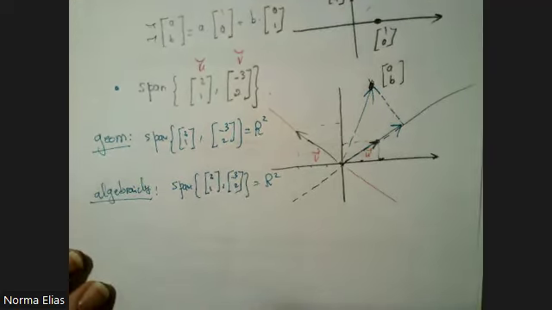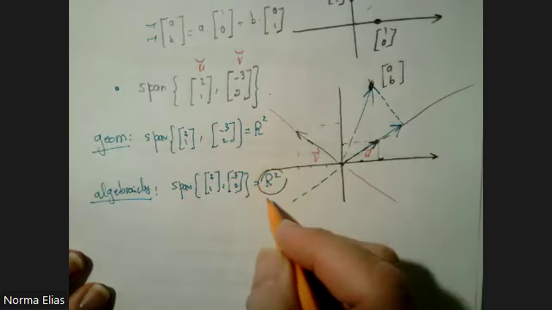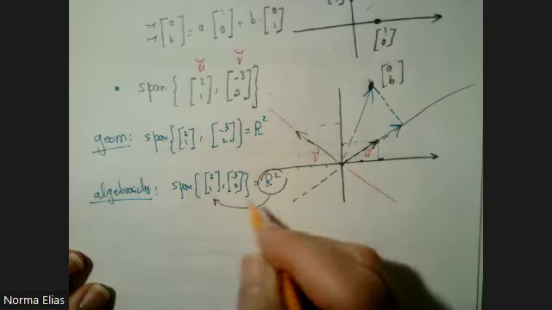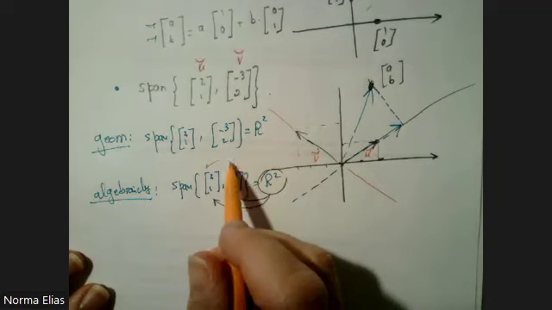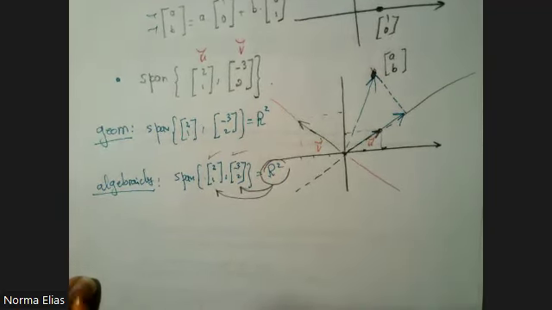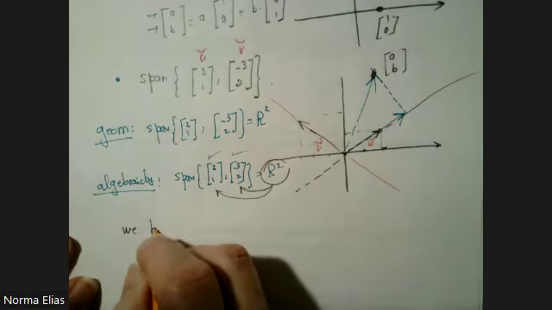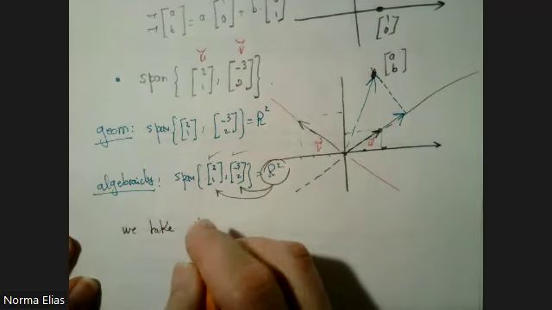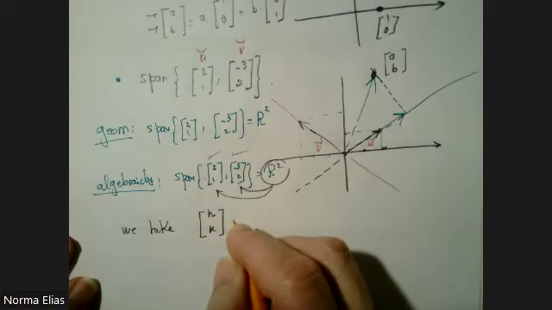It means you have to show that if you take any ordered pair, you can find weights such that this ordered pair is a combination of these two vectors. The way we proceed is we take an arbitrary vector in R2, anything.